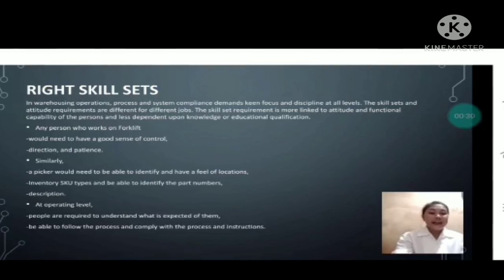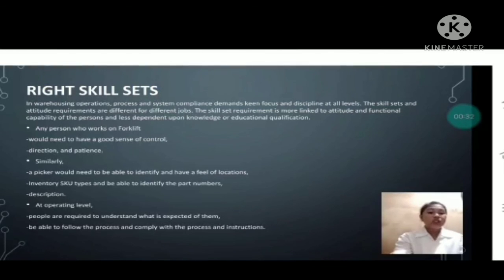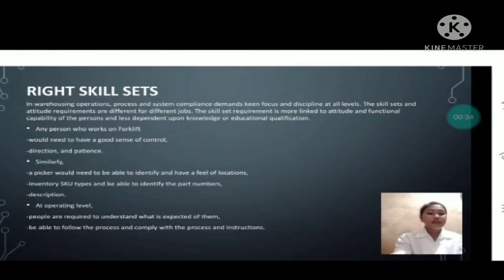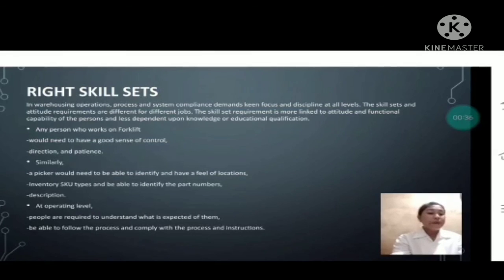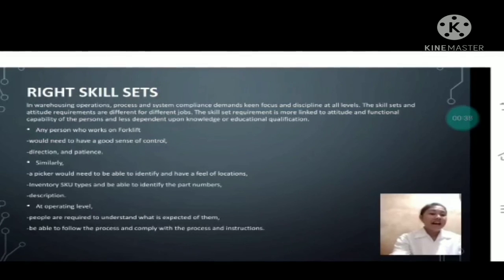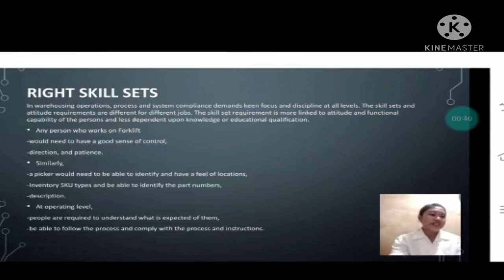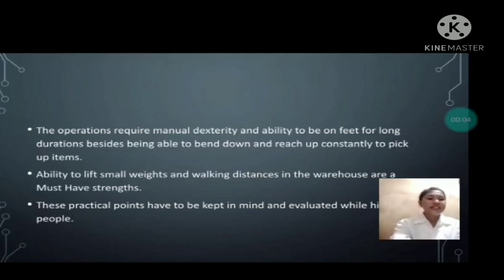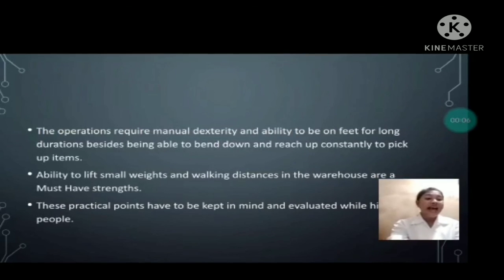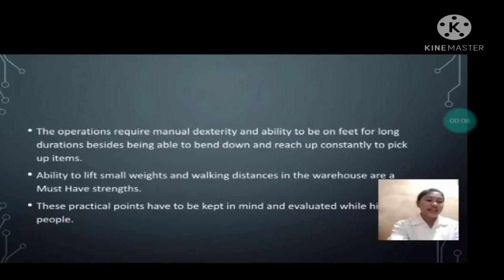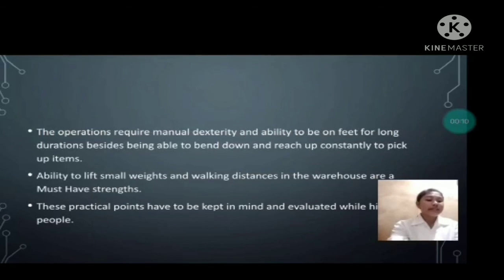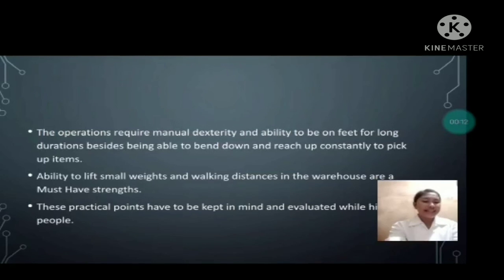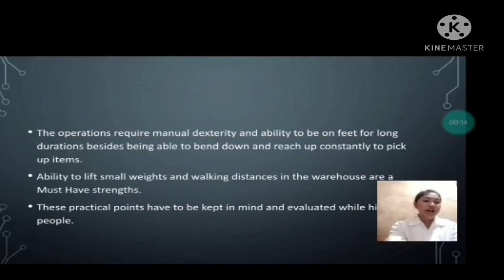At the operating level, people are required to understand what is expected of them, be able to follow the process, and comply with the process and instruction. In warehouse operations, it is required to have the skills and abilities to stand for long hours. These practical points should be kept in mind to evaluate a person before hiring.